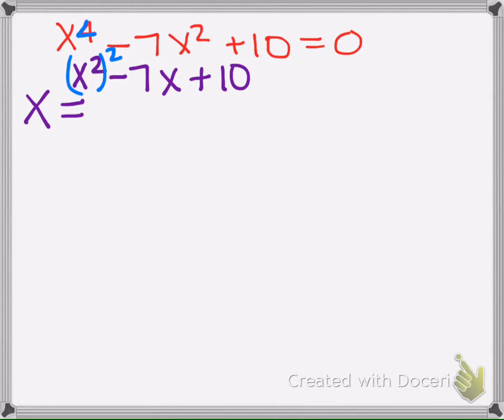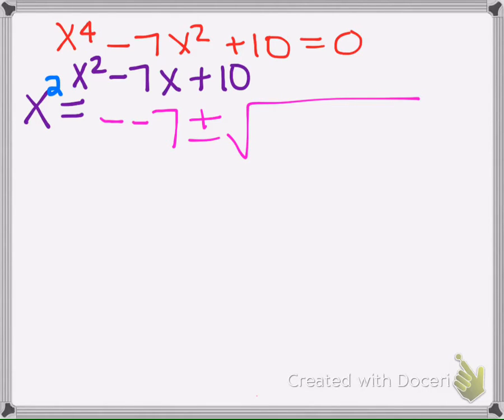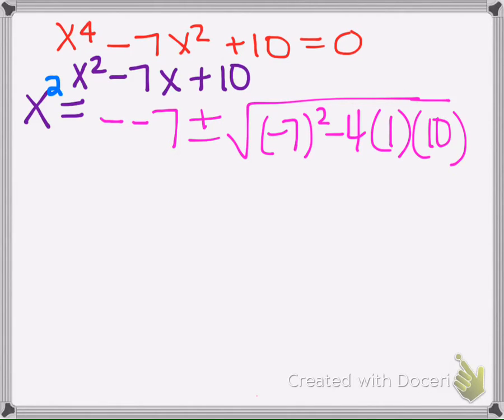In other words, we could use the quadratic formula, but instead of x, it will tell us what x squared is equal to. So I'm going to use the same formula, except instead of telling me what x equals, it will tell me what x squared equals. So I'm going to have negative b plus or minus the square root of b squared minus 4ac, all over 2a.